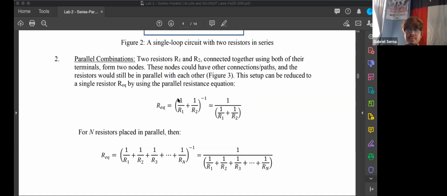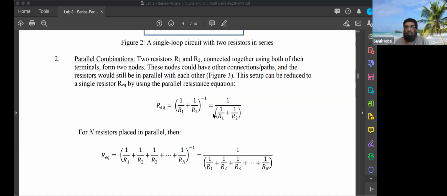Reciprocal, yeah. So we add the reciprocals, and then we flip it.